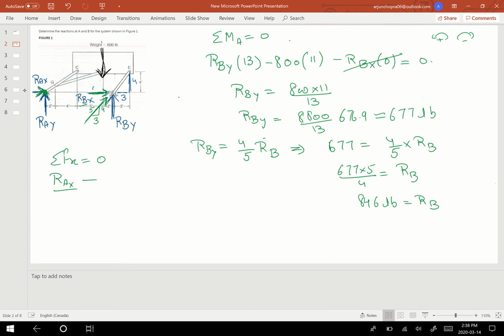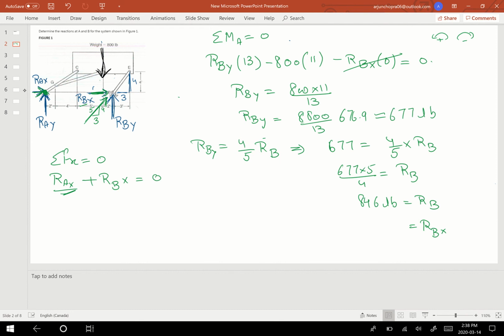And I've shown RBX also towards the right hand side, so RAX plus RBX equals 0. There is no other horizontal force acting in this case. But I don't know the value of RBX and I don't know the value of RAX too. But I know the value of RB.